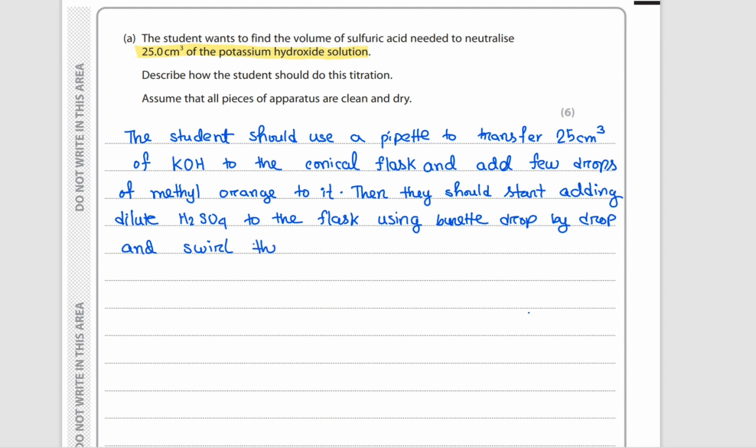Swirl the flask. Continue this process until the solution turns yellow.